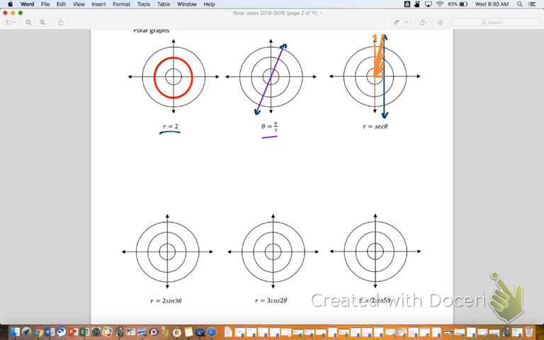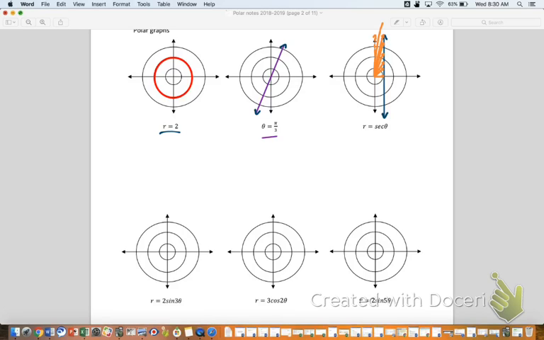And if you think about it, the graph of secant at pi over 2 has a vertical tangent, doesn't it? And so as theta gets closer and closer to pi over 2, those radial lines will get longer and longer and longer, heading towards an infinite length. That makes sense.